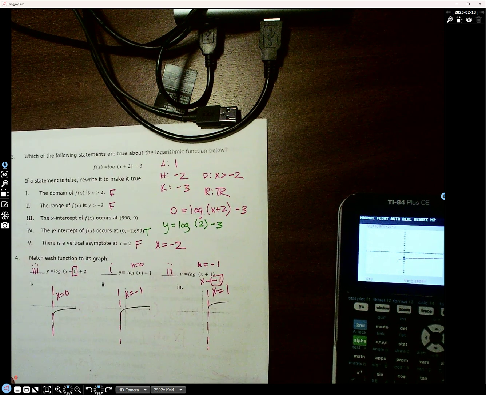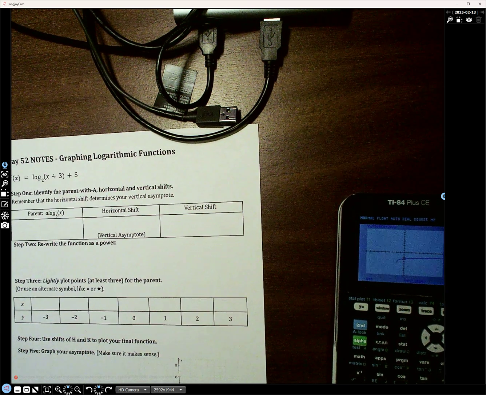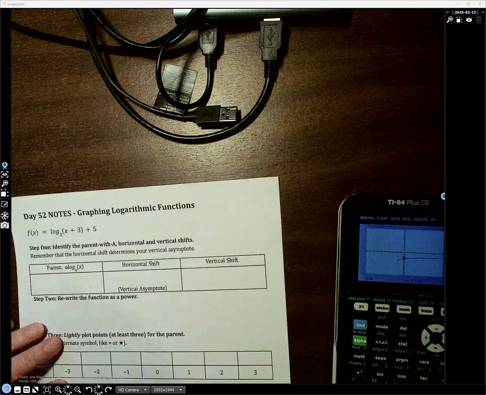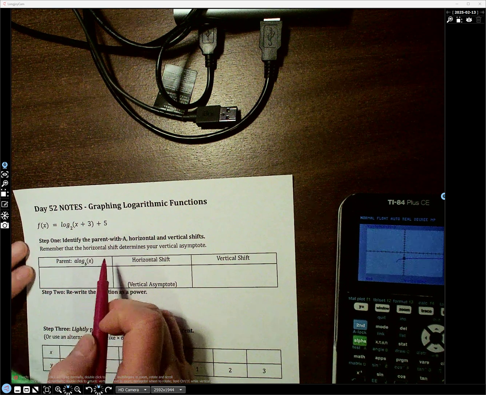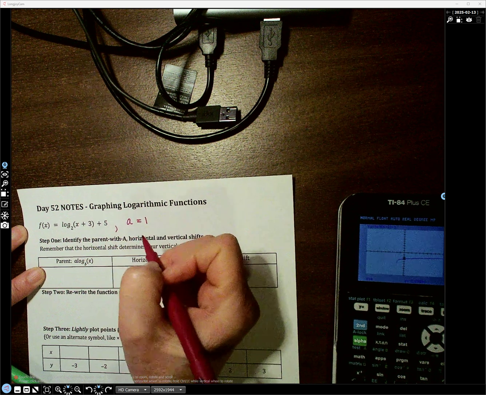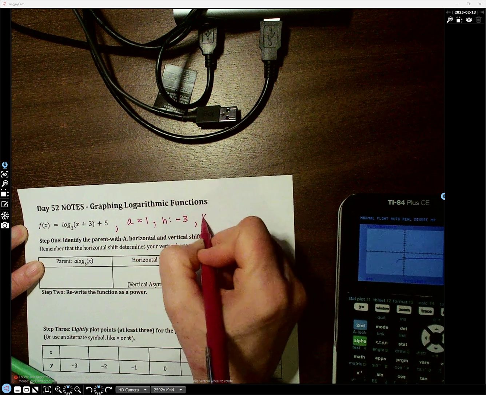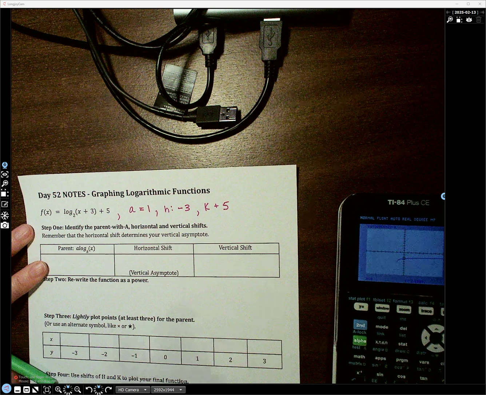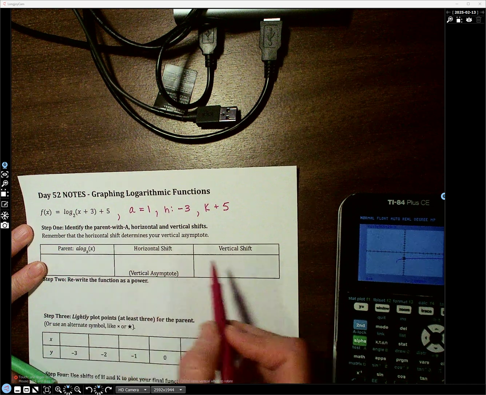Okay, now let's get into some nitty gritty of our graphs. We have a basic log function when a is 1. So let's make a note of that. A equals 1. We see also, just while we're at it, h is negative 3 and k is positive 5. So when we graph logs, we are going to graph the parent and then we're going to shift according to h and k.